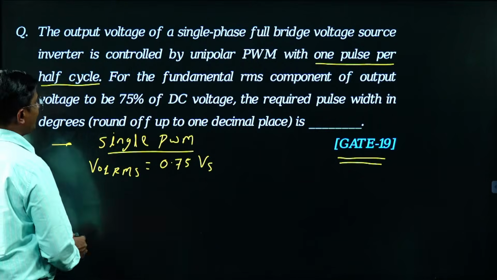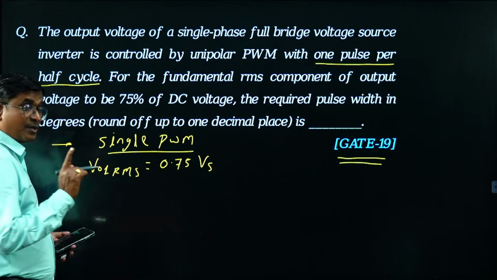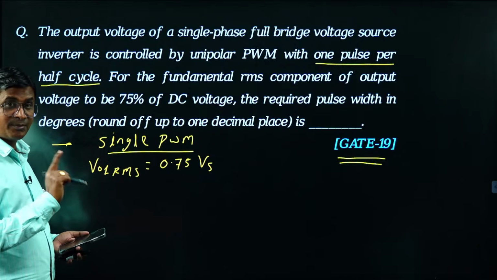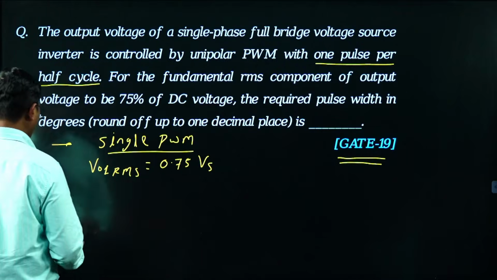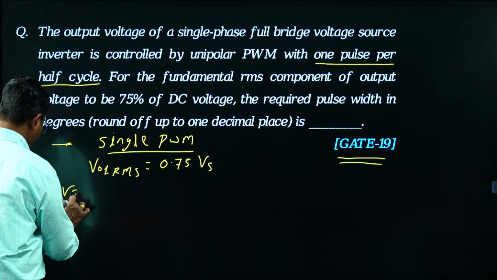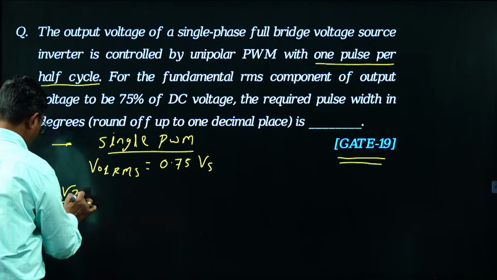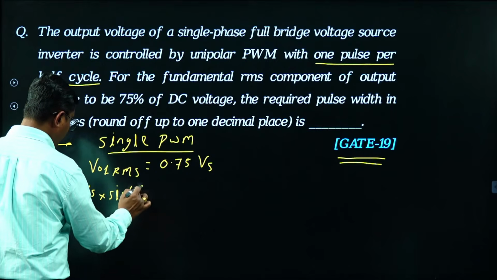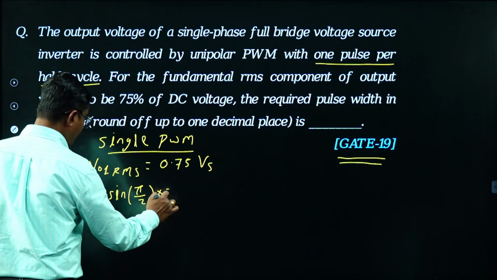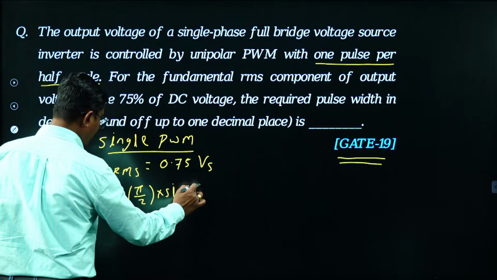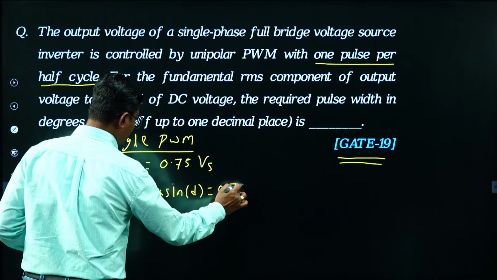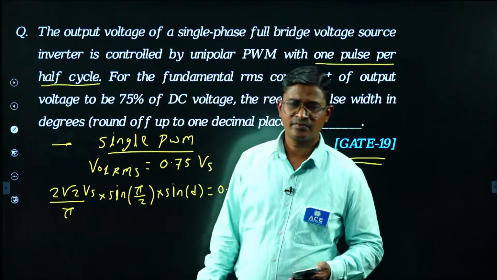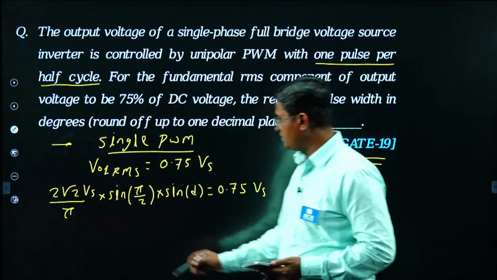Now V01 RMS for single PWM is not like the square waveform; it is single pulse width modulation. V01 RMS is 2 root 2 upon pi into Vs into sine of pi by 2 into sine d, equal to 0.75 into Vs. Check, Vs will get cancelled out.